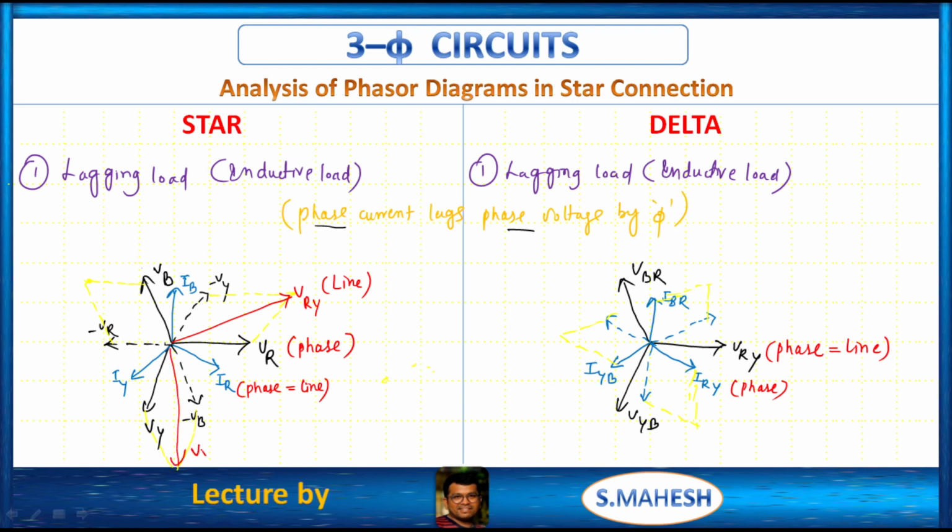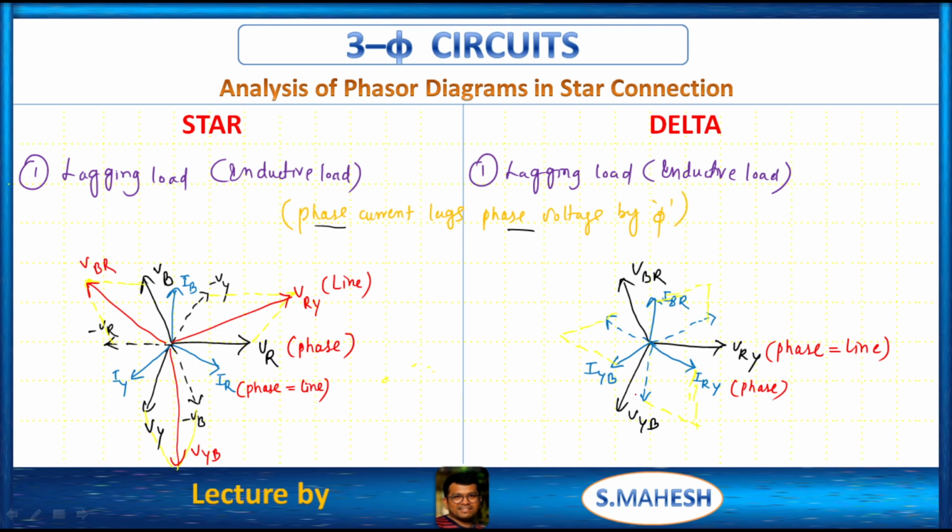This is VYB. If you have one vector, obviously you will get the remaining two vectors, just displaced by 120 degrees. If you consider any vector, line vector or phase vector, the remaining two vectors are displaced by 120 degrees because the load is balanced. We are considering a three-phase balanced load, right?